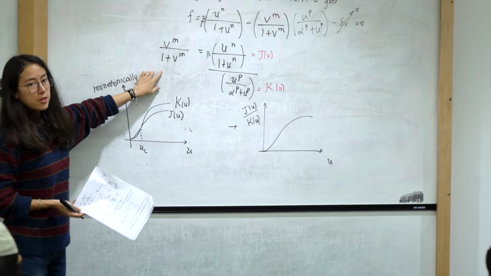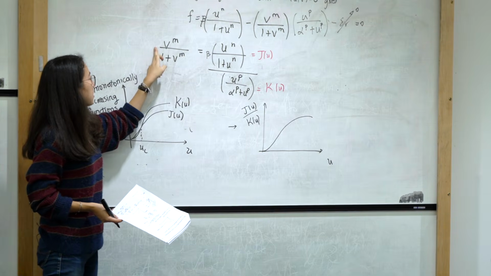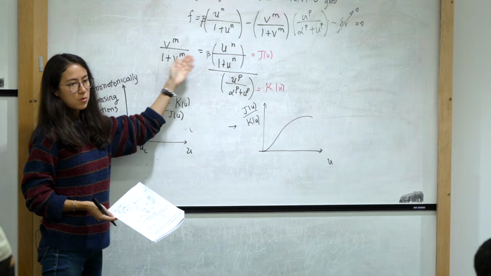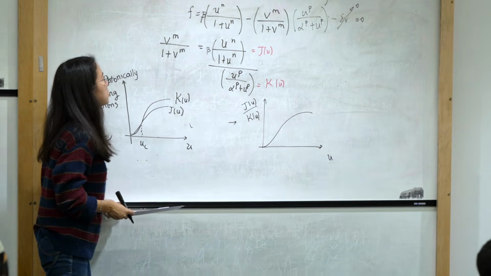Now you can solve for v exactly. So if I just multiply this by that, and this by this, and then bring all the v to the m terms on one side and factor out, I'm going to get an expression for v just in terms of u.